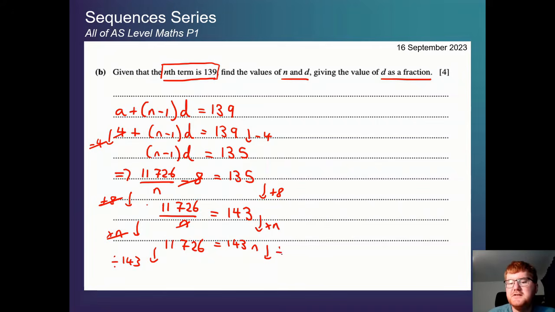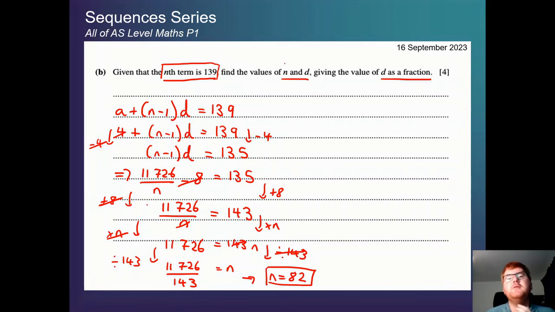Yeah, if you do sine, cosine, and tangent, you see this idea a ton. So this cancels. So we get n is equal to 11,726 over 143. And this is where we hope this is a whole number. That's always a very good sign. And it is. Therefore, n is equal to 82.